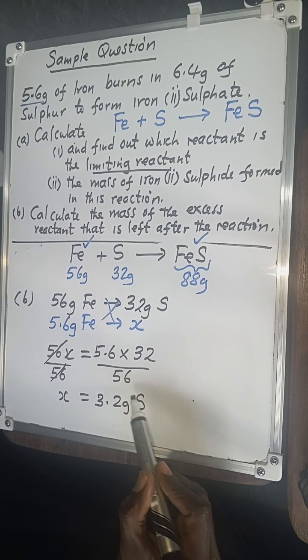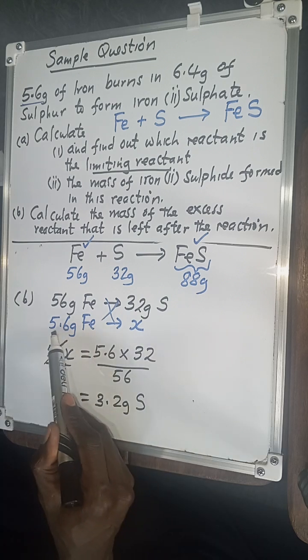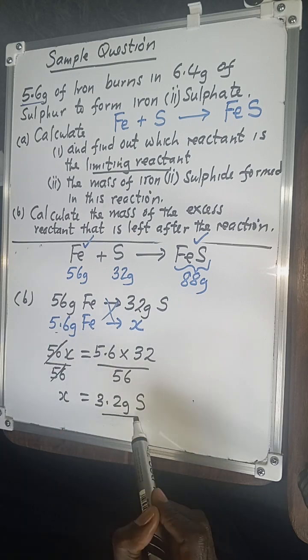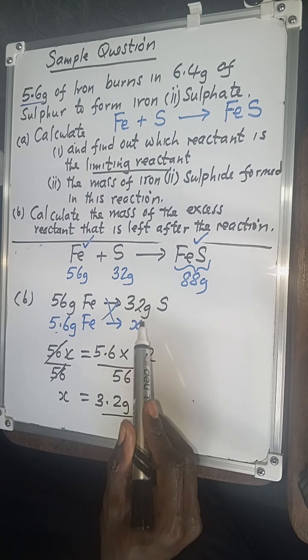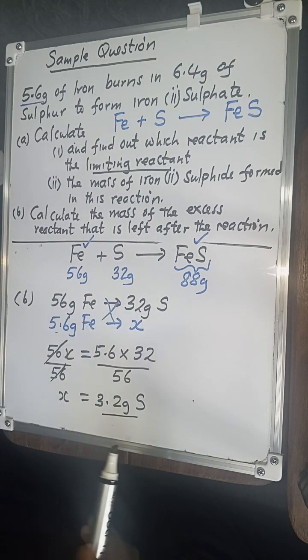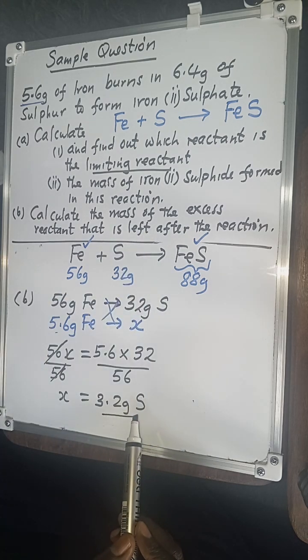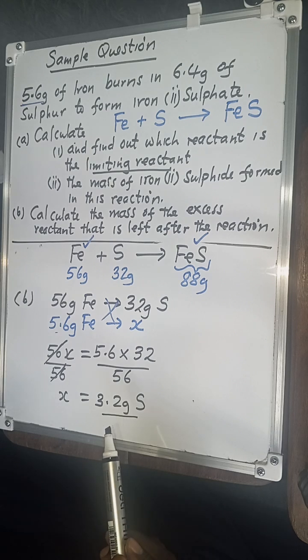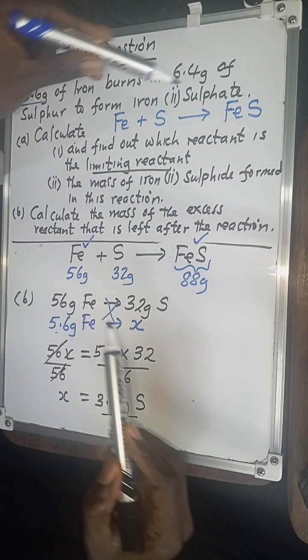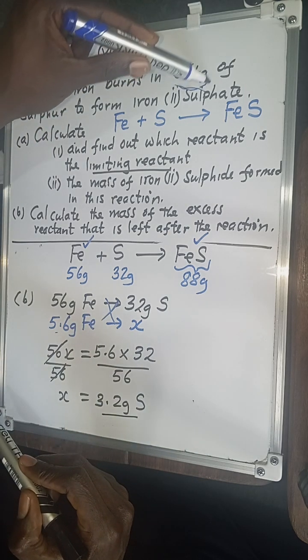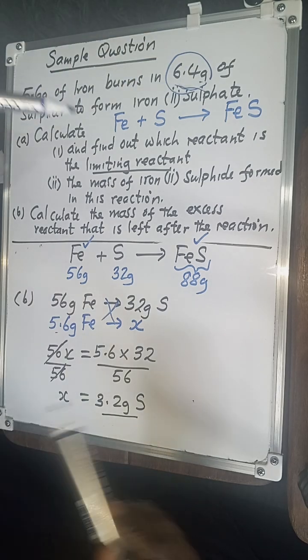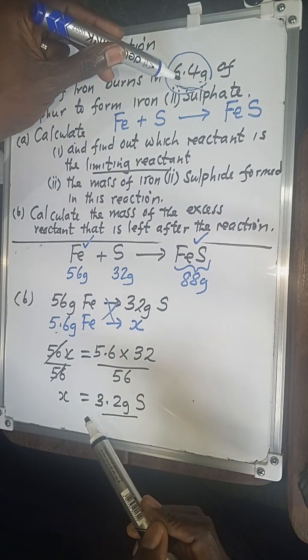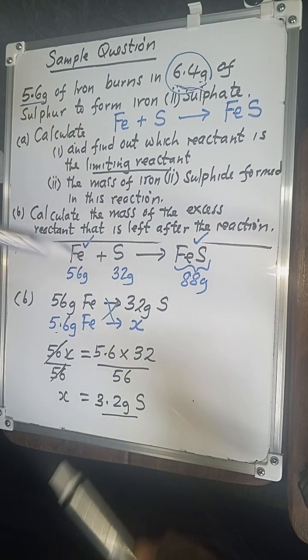So you can imagine, when you use 5.6 grams of iron, you only need 3.2 grams of sulfur. And how much mass of sulfur were we given? We were given 6.4, meaning if I only use 3.2, I'll still remain with something. That's why sulfur is in excess.